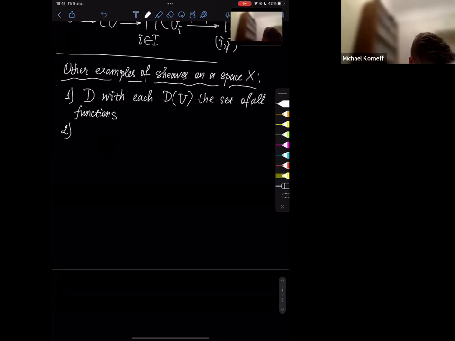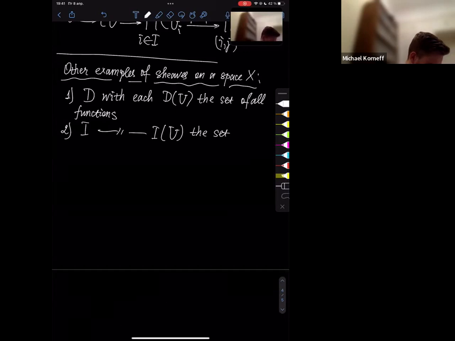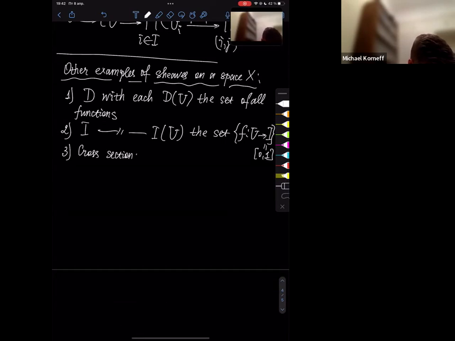And the second trivial example, functor I, with each I(U) the set of functions from U to the interval I. And the third example is cross sections of bundles.